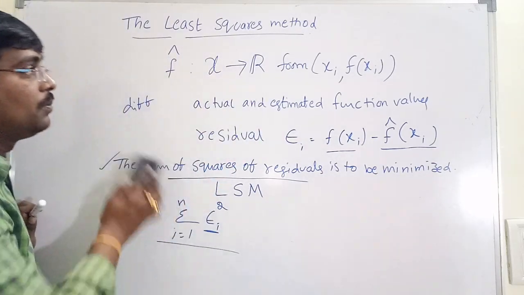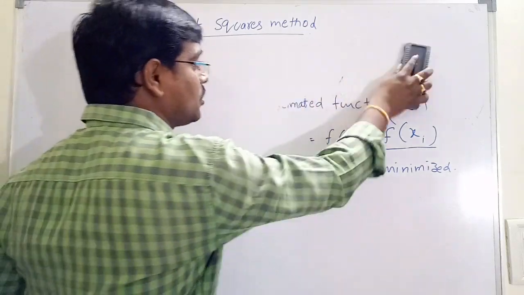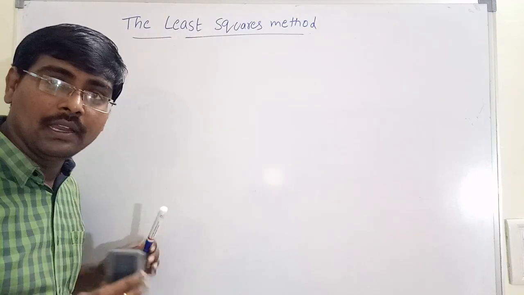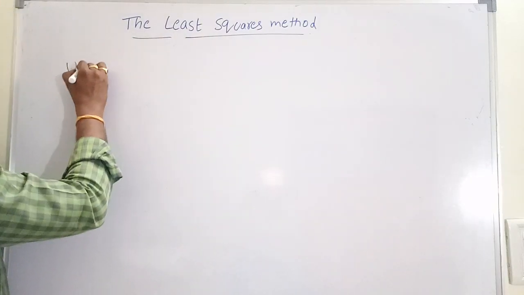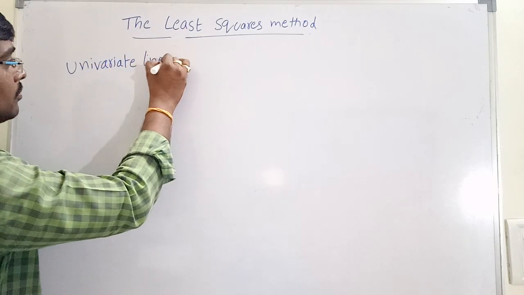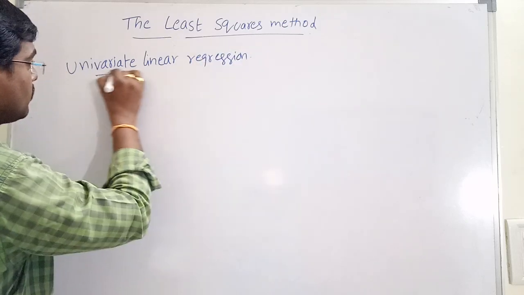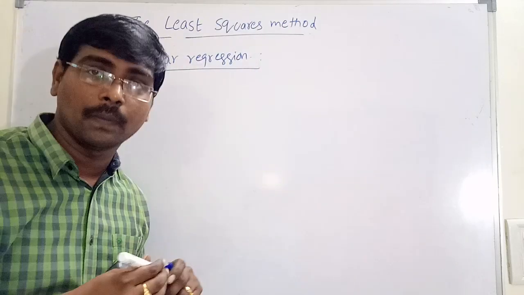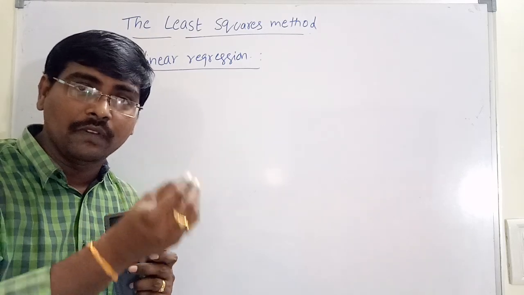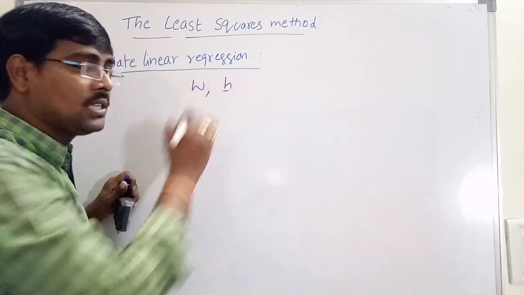Now move to one example of regression. In this session, in the least square method we will first discuss univariate linear regression. Suppose we consider two features W and H, that is the weight and height.